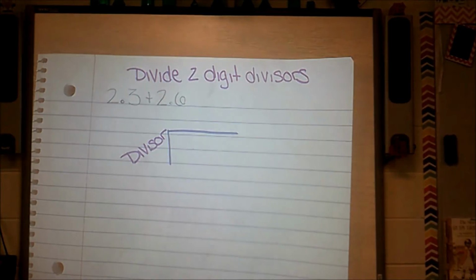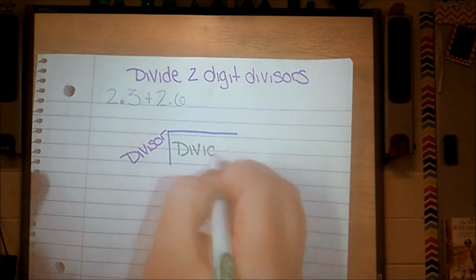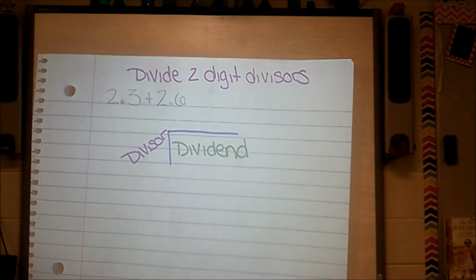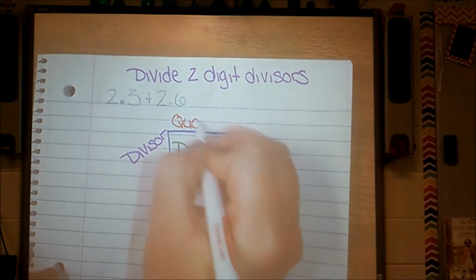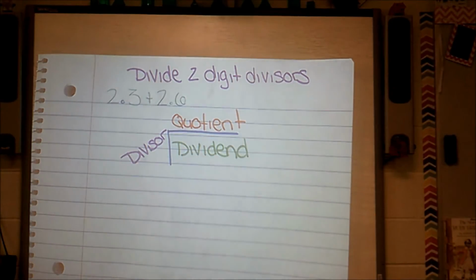And then underneath your cave, that is called your dividend. And then on top of the cave, if you do not recall, that is your quotient. The answer to your division problem is your quotient, and that's where our answer always goes.